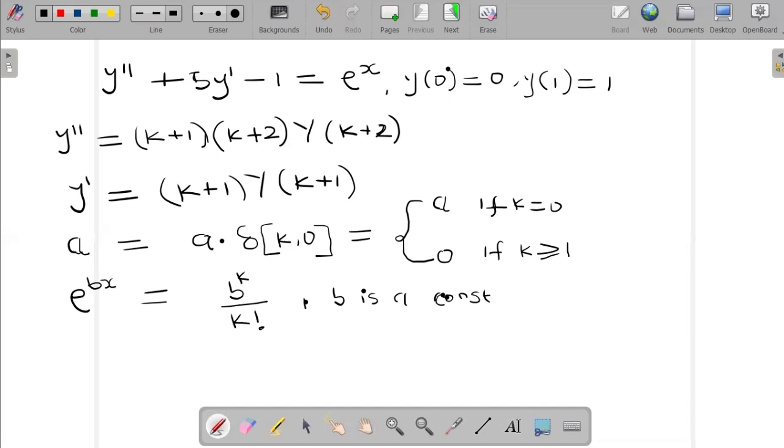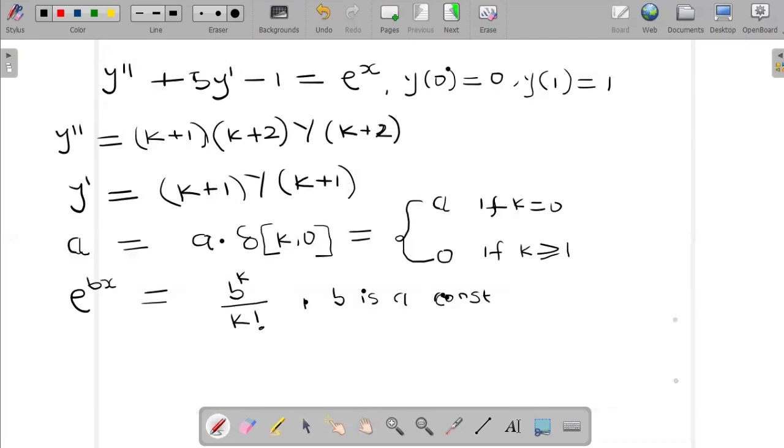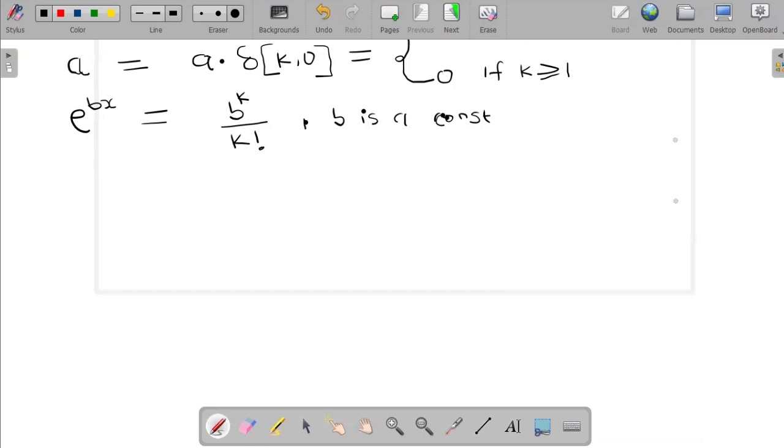Then we have to transform the boundary conditions too. From the equation, our boundary conditions are y of 0 equal to 0 and y of 1 equal to 1. We can check our previous videos to learn how to do that.